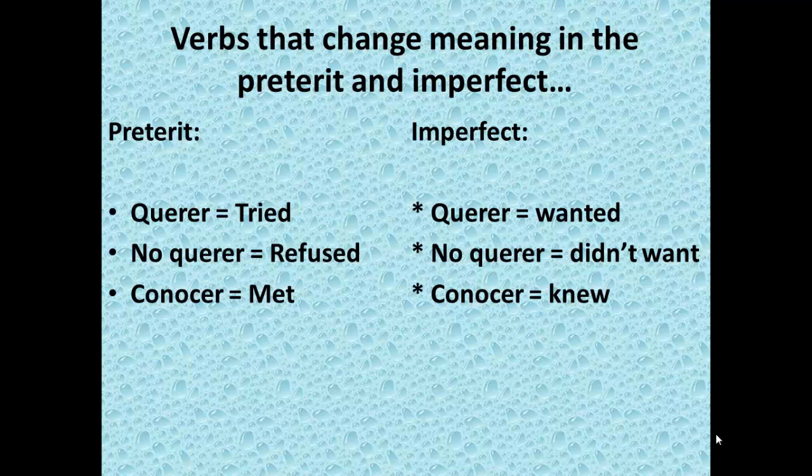Okay, nos conocimos, changing it back to preterite, would be we met each other. Saber, in the preterite, found out. Yo supe, I found out. Yo supe lo que hiciste el verano pasado. I found out what you did last summer. Or saber, sabía, in the imperfect, I knew.